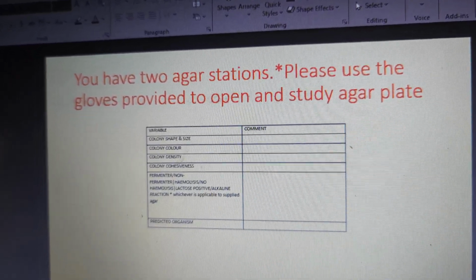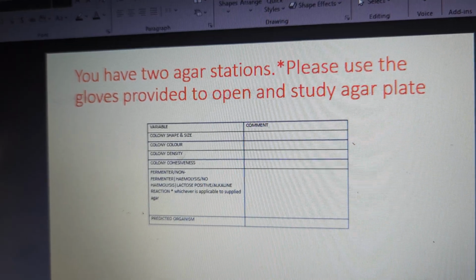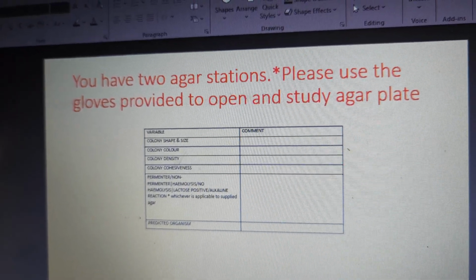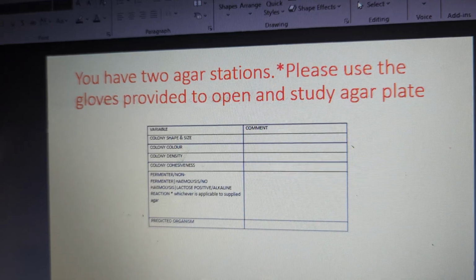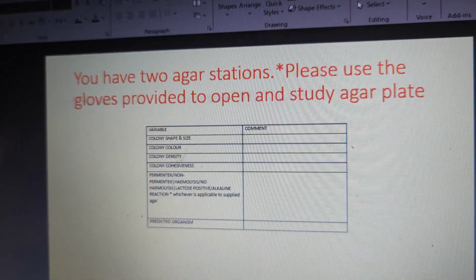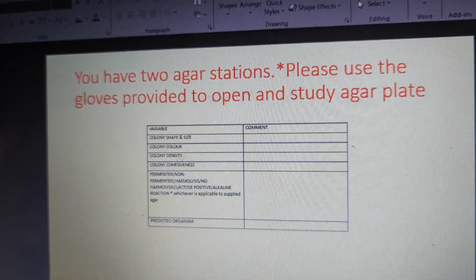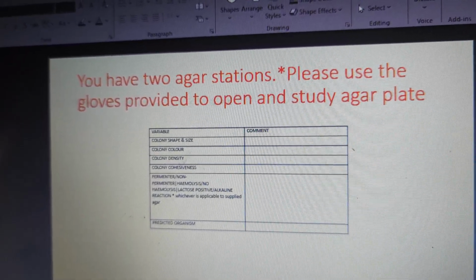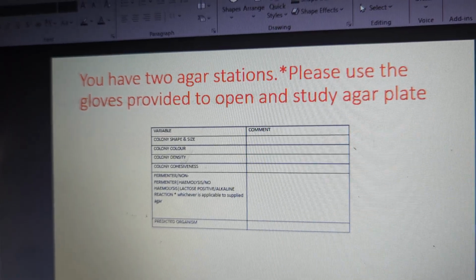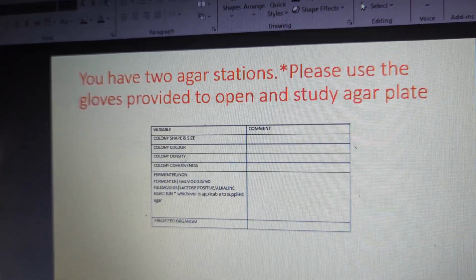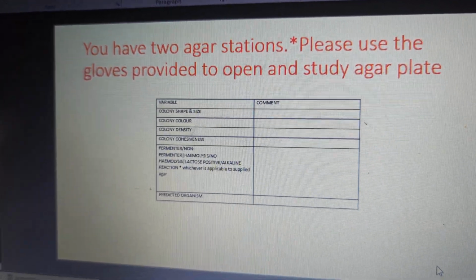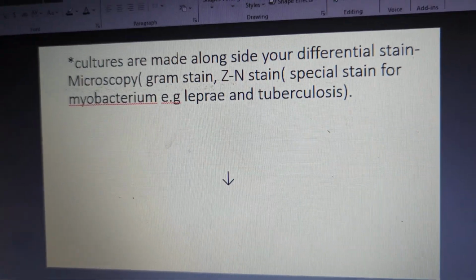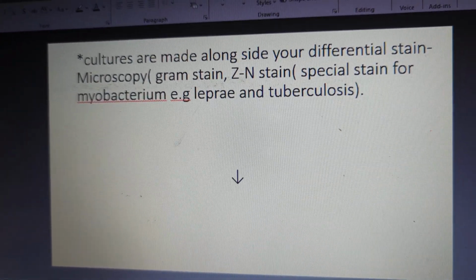So those are just reminders of what these different colony morphology descriptions are, and you're expected to fill these 2 tables because you are supplied with 2 agars, so you need to fill these two tables for each agar. Okay, so that was about the table.